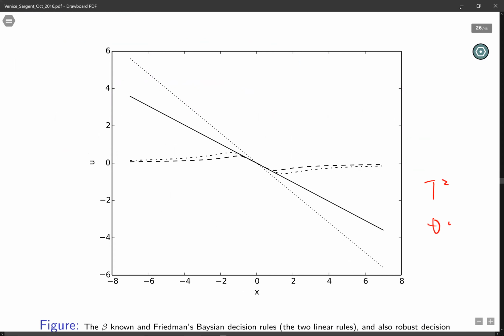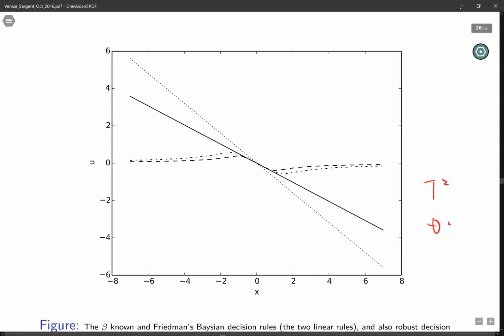There's a big slope. This line here is Friedman. That's unknown beta, but a trusted prior. So this shows what Friedman wanted to show. The whole point of his example was you do less. The less you know about that coefficient, the more you back off.